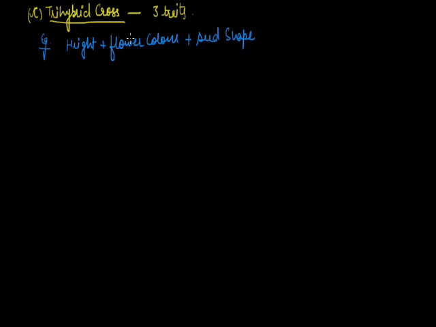So I should write the features like this: capital T, capital T, capital R, and for this one I have to write another letter, that is round, crosses with small t, short plant, small r, white flower, and small w, that means wrinkled seed.